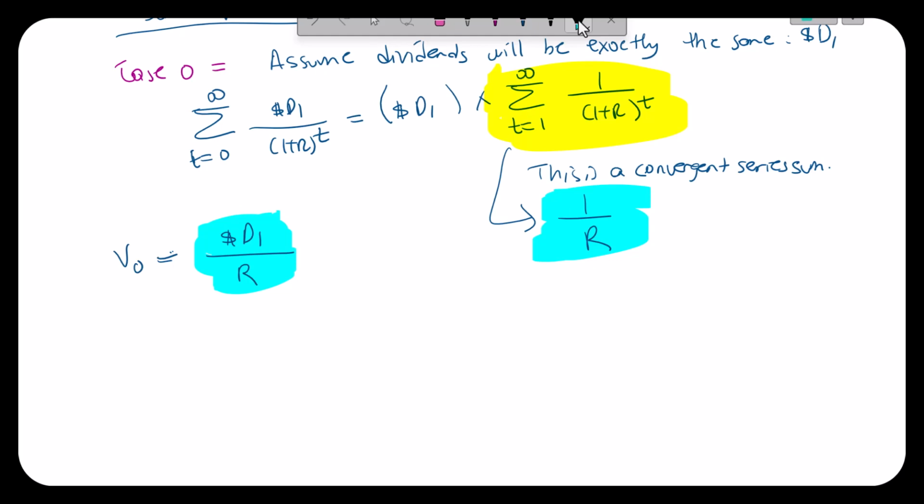That's why I call that case 0. And the second one, we're going to call that case 1.